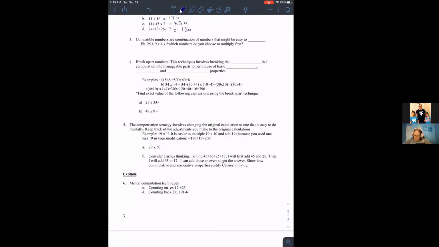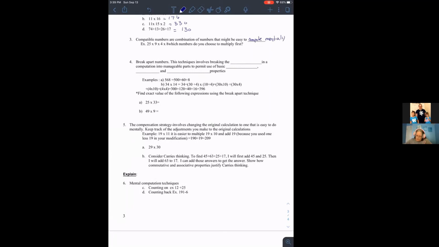Compatible numbers are a combination of numbers that might be easy to compute mentally. Example, 25 times 9 times 4 times 8.